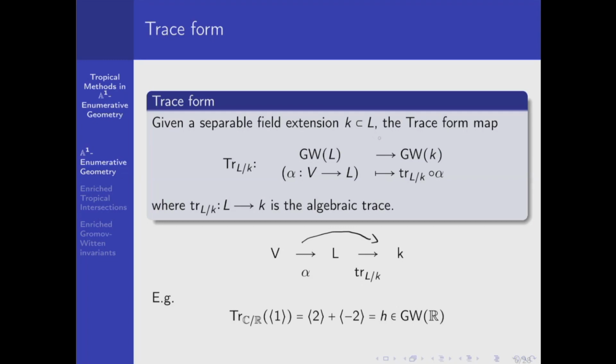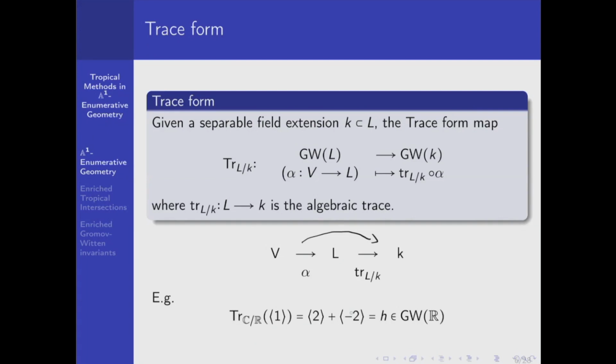As an example, take the trace from the complex numbers to the reals. This morphism is determined by the image of 1, because we saw that for C, this group is generated by 1. And this is an exercise in linear algebra: the trace of 1 is going to be 2 plus minus 2.